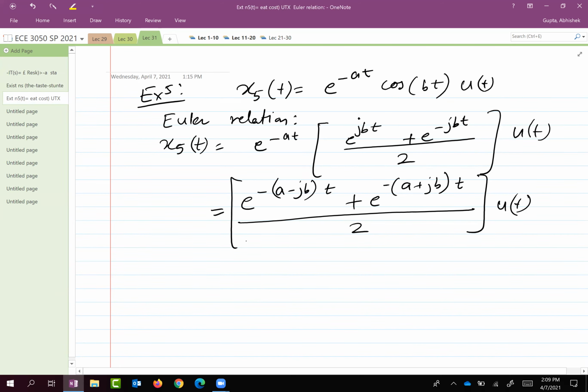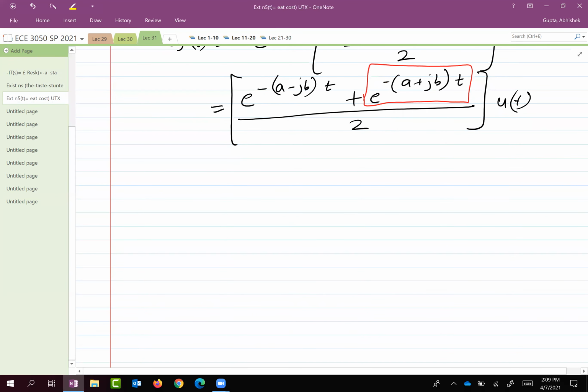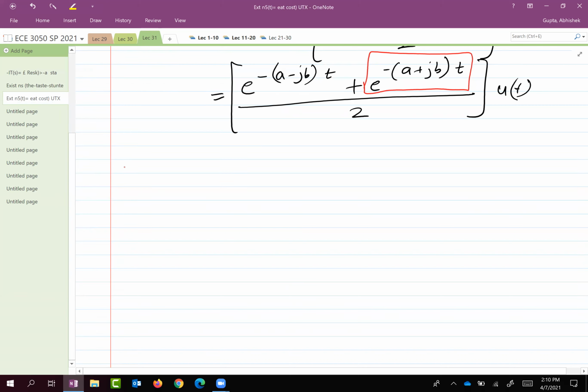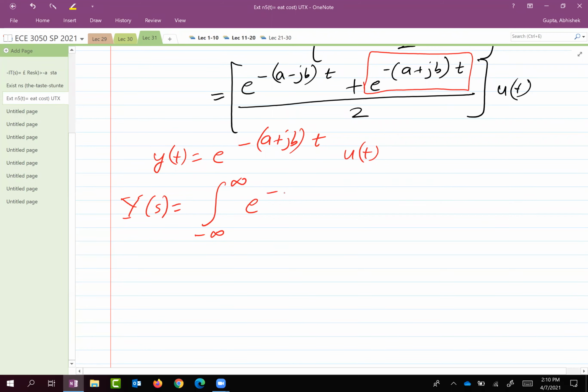So let's try to use the first principle to compute the Laplace transform of just one of these signals. So let's pick this signal and let's try to find the Laplace transform of this signal. Let me call it y(t). So Y(s) should be the integral from minus infinity to infinity of e raised to negative a plus jb t u(t) times e to the negative st dt.